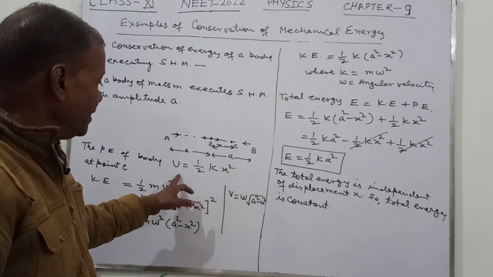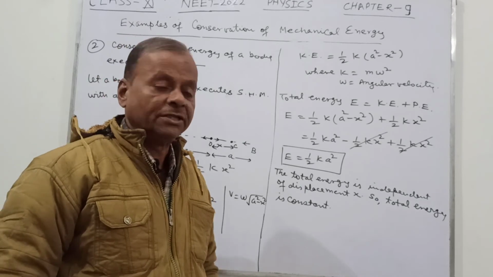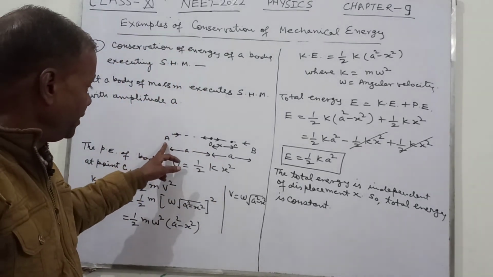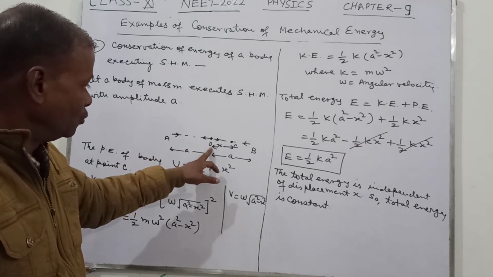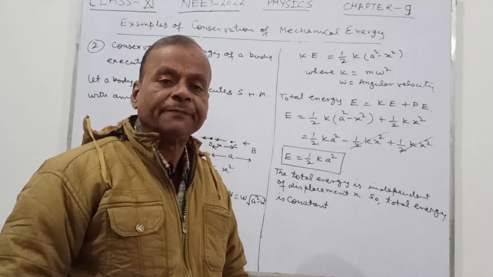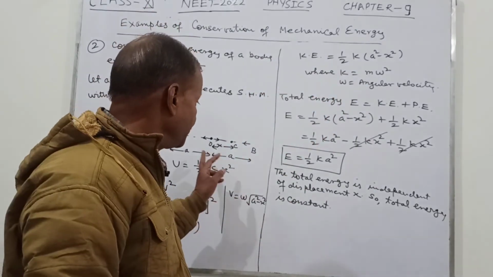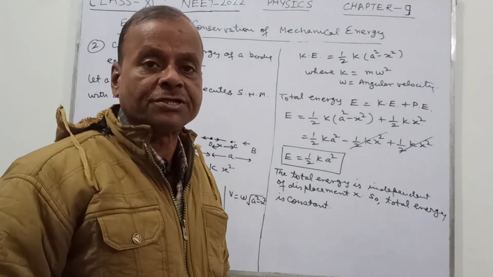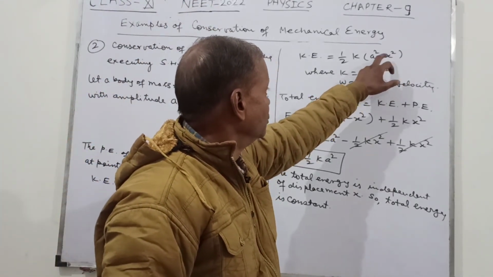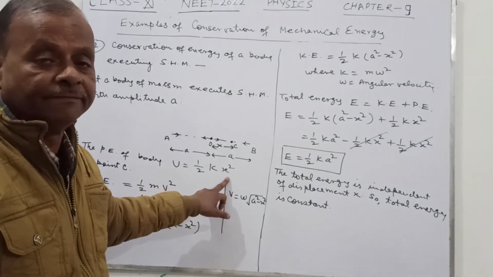you can see from these expressions what happens when the particle goes from mean position to point A, or A to O, then O to B and B to O. When the particle is going from the mean position to the extreme points A and B, its velocity decreases because x increases. So kinetic energy will decrease, and the potential energy will increase.